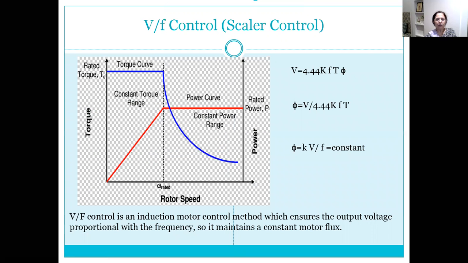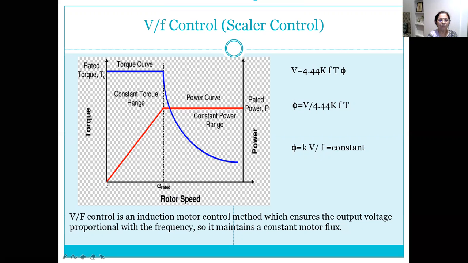Now when we are talking of the other control, which is V by F control, which is considered as a better speed control for induction motor, the limitations of stator voltage control can be overcome by V by F control. Now if we look at this characteristic, this describes two operating ranges, showing torque versus speed characteristic.